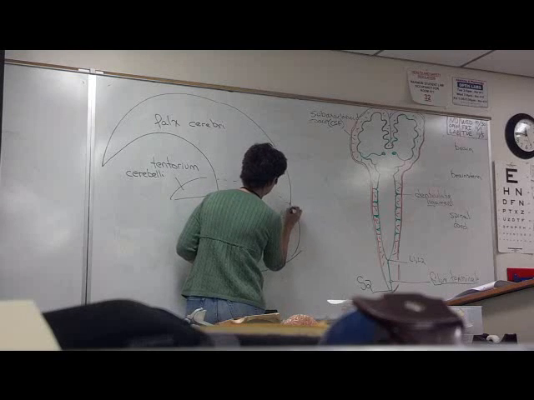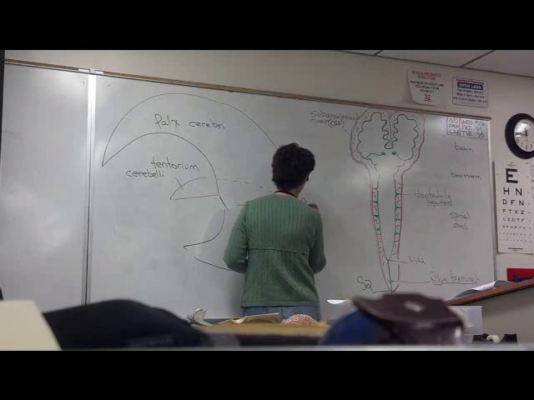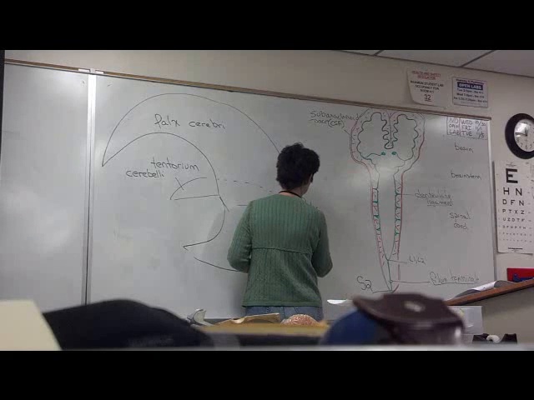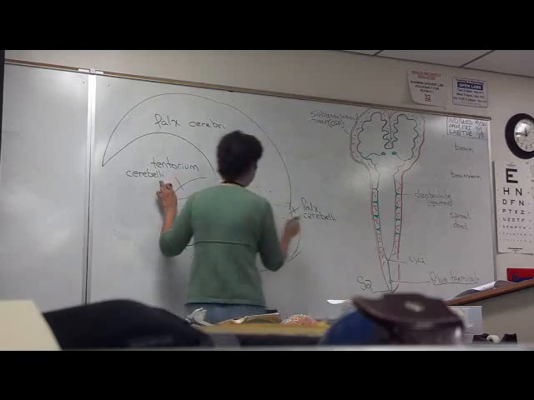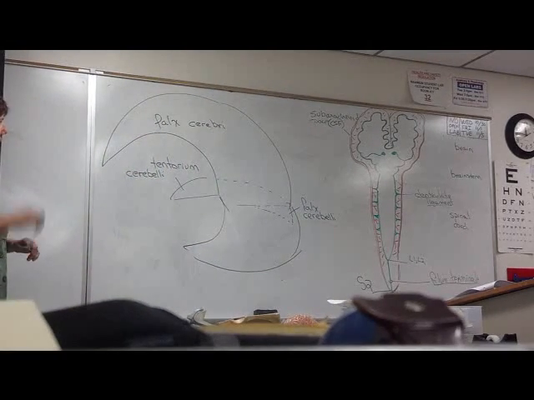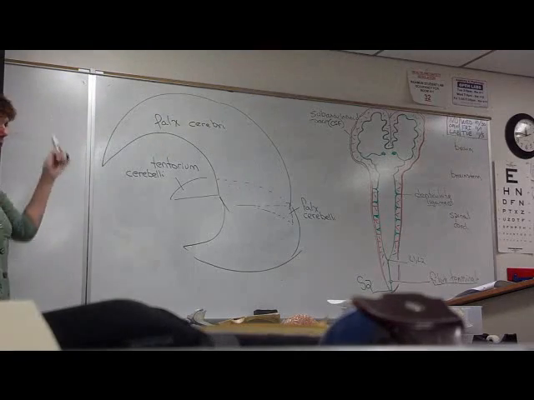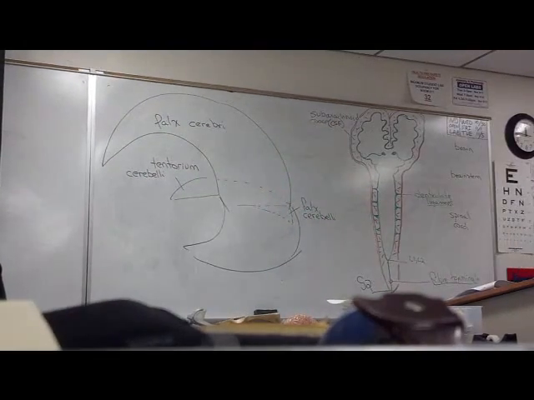So, kind of like this. Inferior, which is the falx cerebelli. So we have two cerebellis and one cerebri. So these are, again, folds of dura mater that separate these components of the brain.